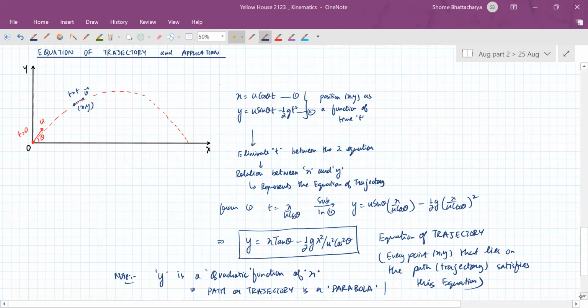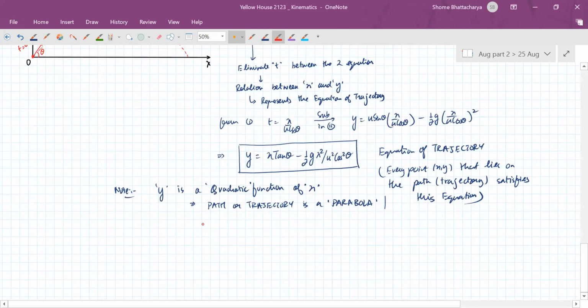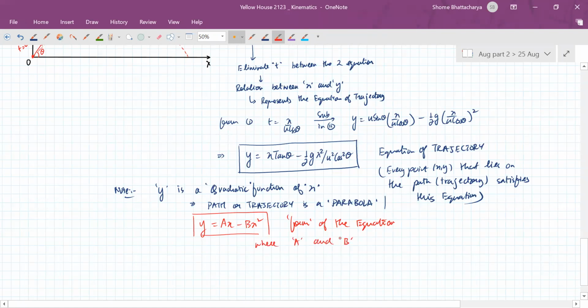Okay, so now the other thing to notice about this equation of trajectory is that it's of the form y is equal to some constant into x minus some constant into x square. This is the form of the equation, y equal to ax minus bx square, where a and b are constants.